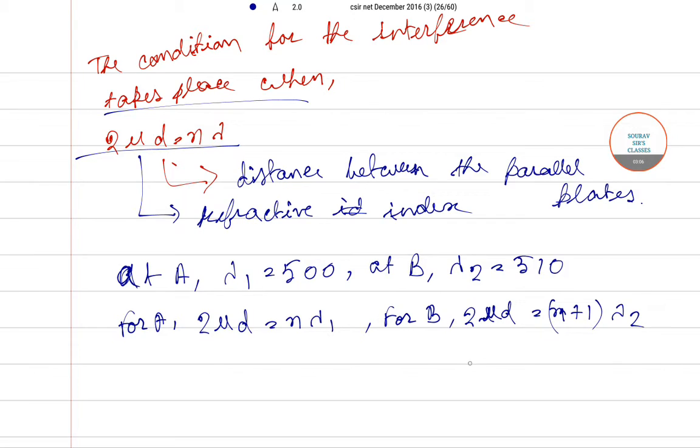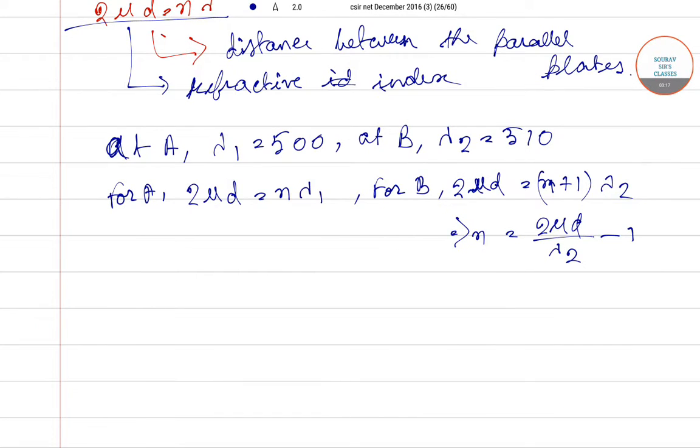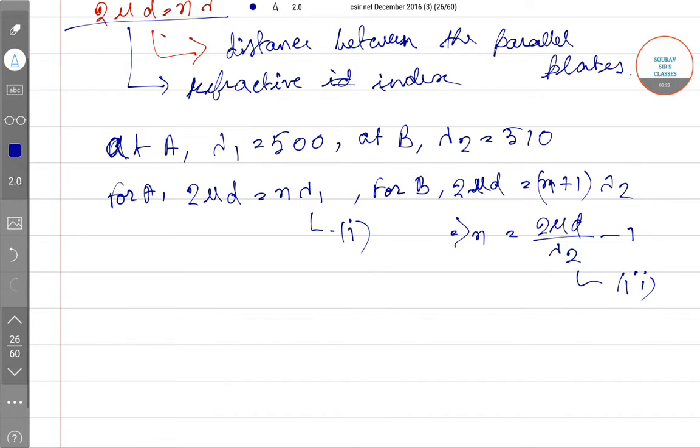So n equals 2 mu d divided by lambda 2 minus 1. These are the two equations: equation number 1 and equation number 2.